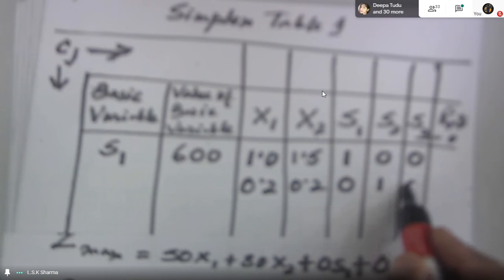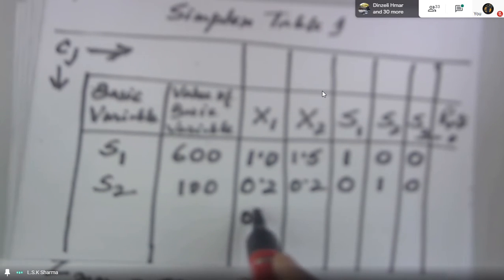Now let's go to the second equation. In the second equation, x1 is how much? 0.2. x2 is how much? 0.2. It does not have any s1, so it is 0. S2 is 1, S3 is 0. And what is the value of the basic variable? It is 100. And what is the slack variable out here? It becomes S2. Now the third one.